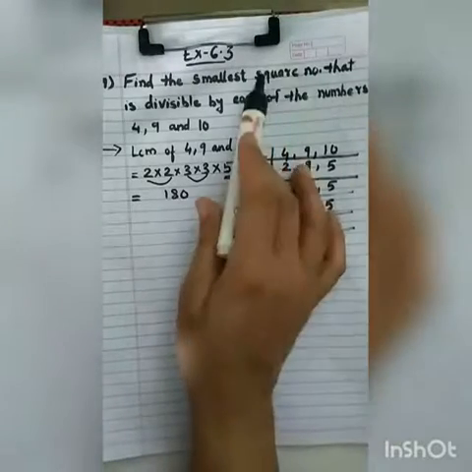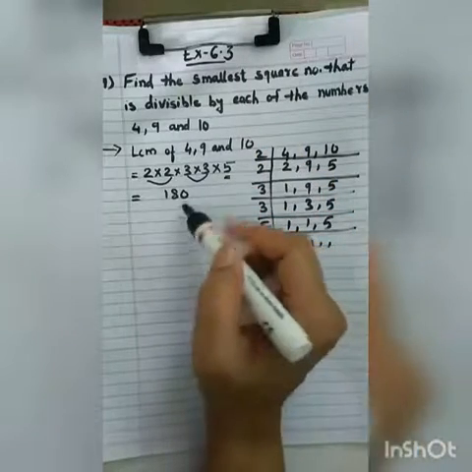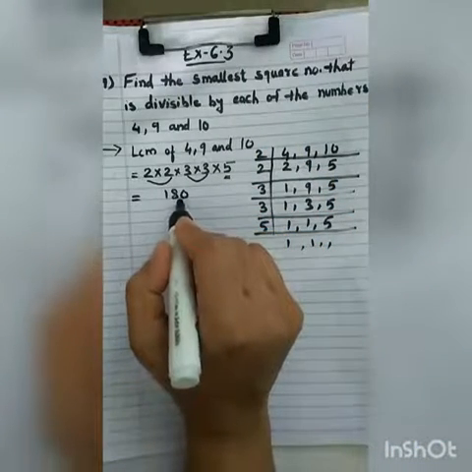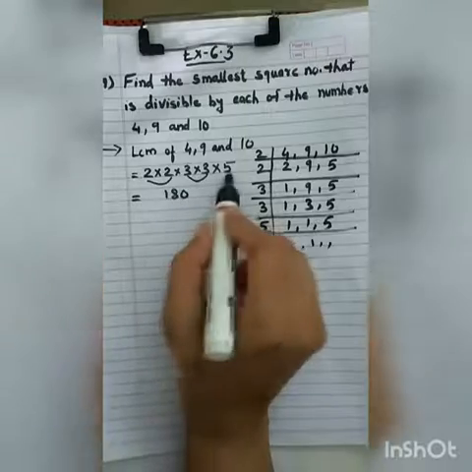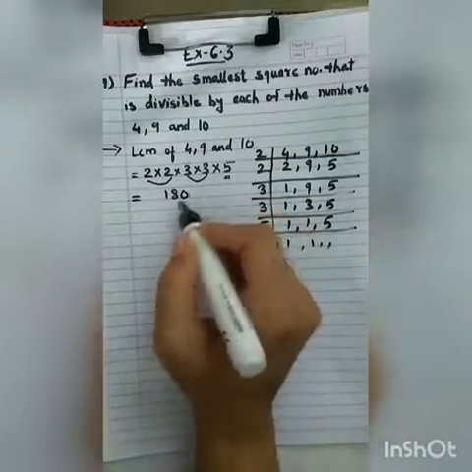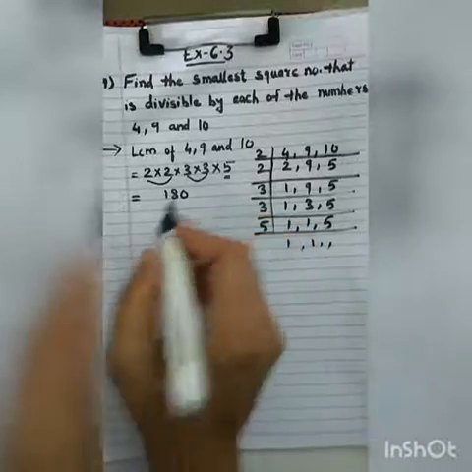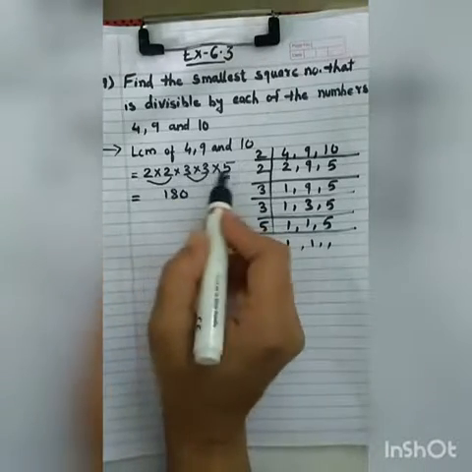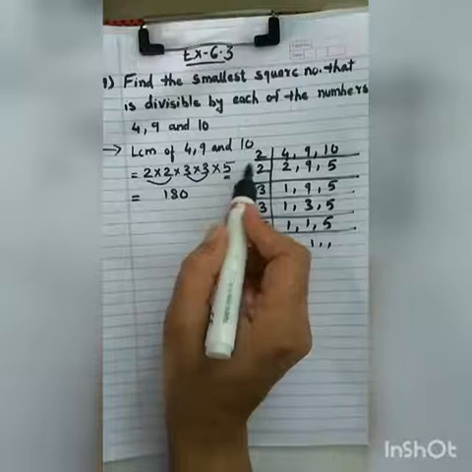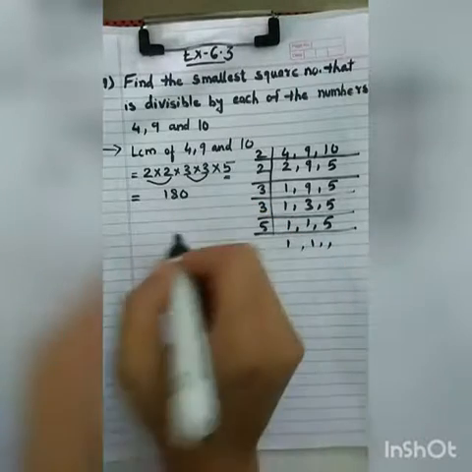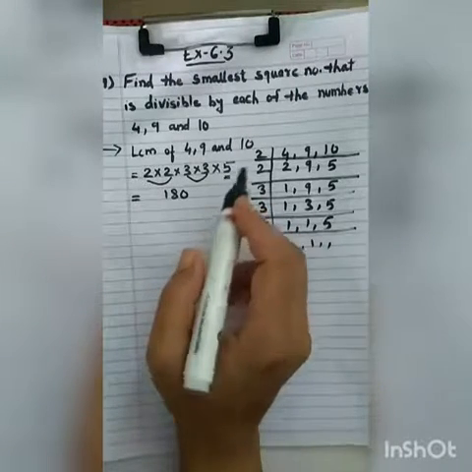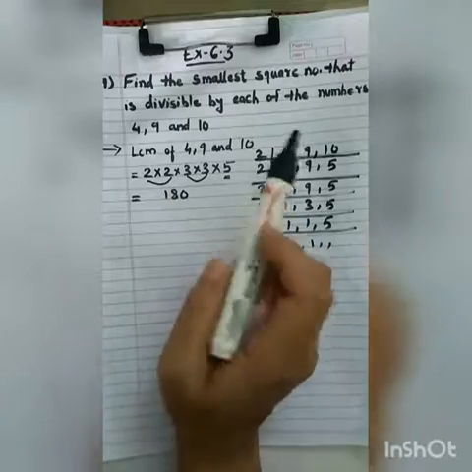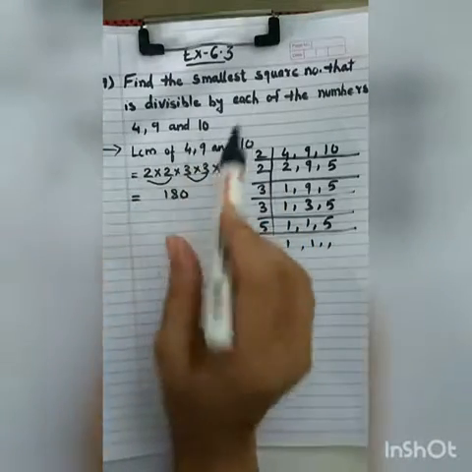A number is a perfect square when all the factors are paired. So here 5 is not paired. When we multiply 180 by 5, the number we obtain will be the perfect square number which is divisible by 4, 9 and 10.